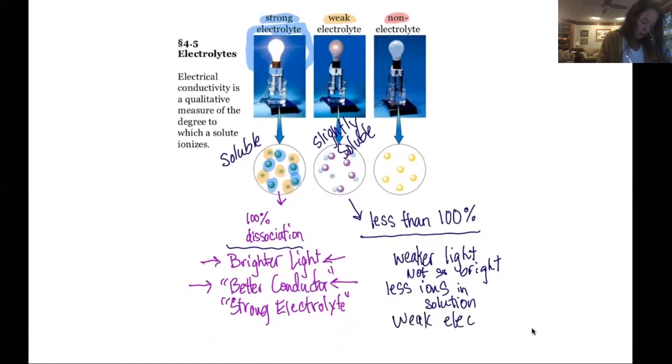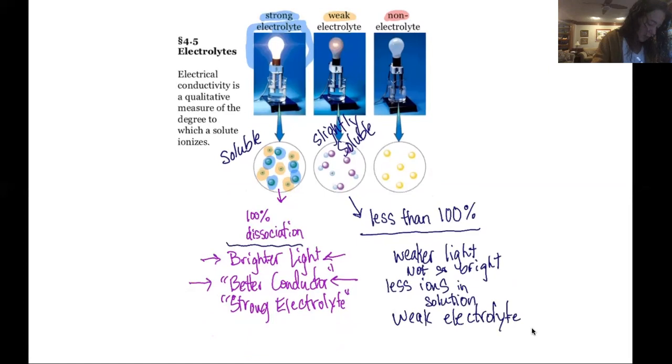And then over here, and this could be slightly soluble, even insoluble substances, ionic, dissociate to some extent to produce ions. So notice these are going to be ionic in nature, okay?